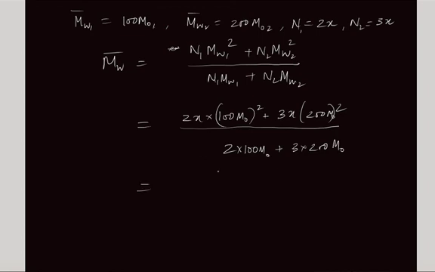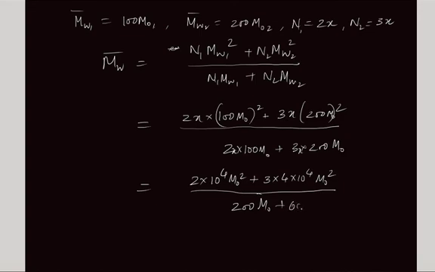So you can see the x can be taken as common and gets cancelled. So I'll have 2 into 10 raised to the power of 4 M0 square plus 3 into 4 into 10 raised to the power of 4 M0 square, divided by 200 M0 plus 600 M0.